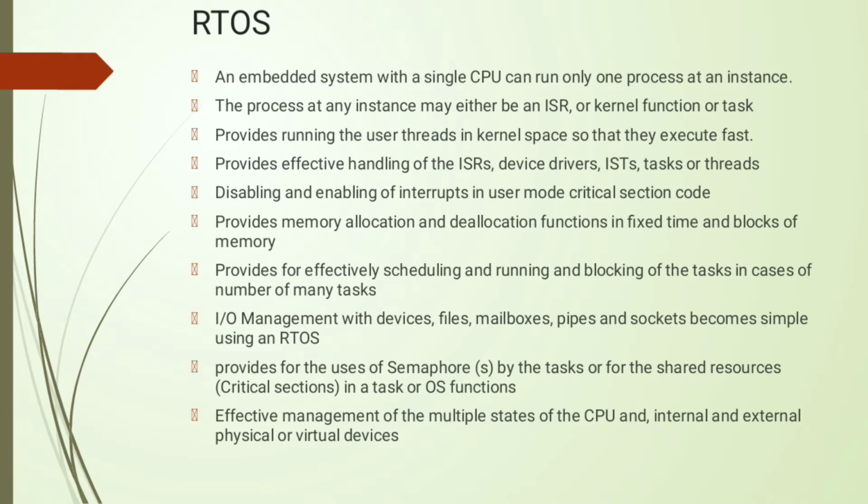And the most effective thing is the memory management. The memory will be allocated and deallocated to the process in fixed partitions, and that too will be given on a need basis.